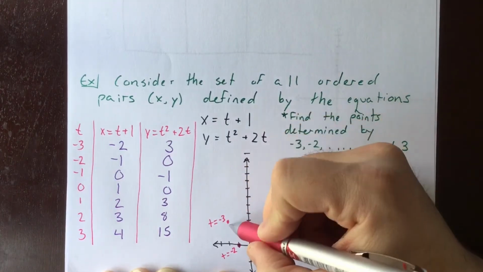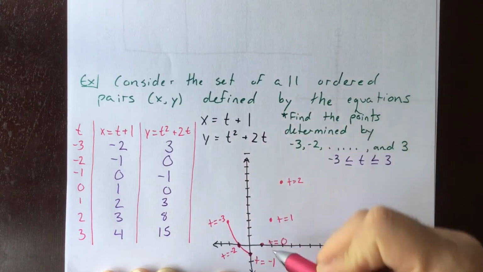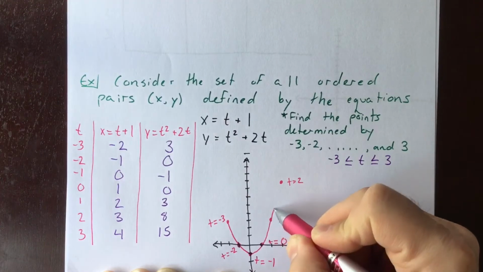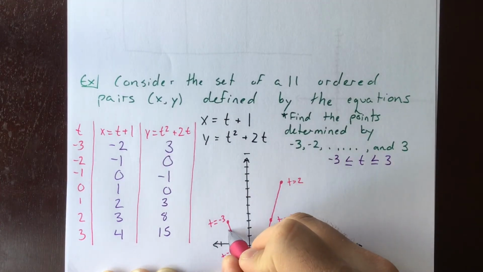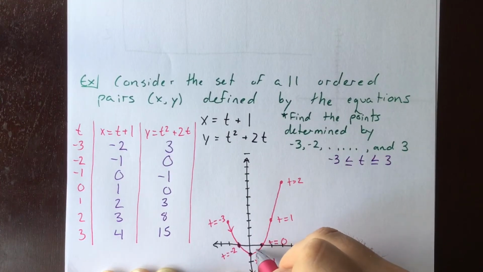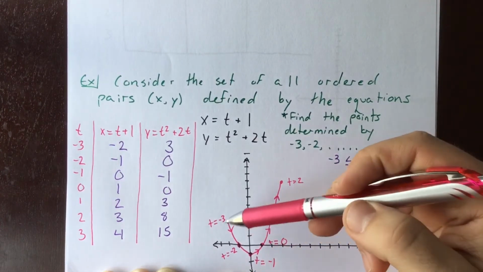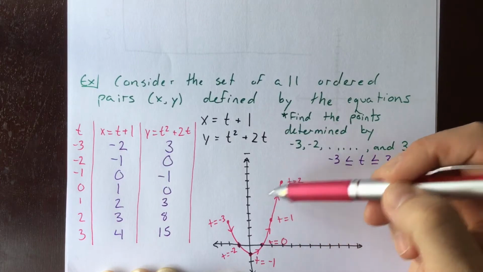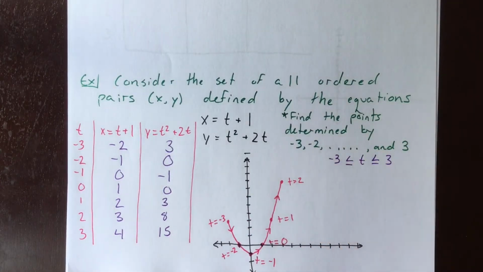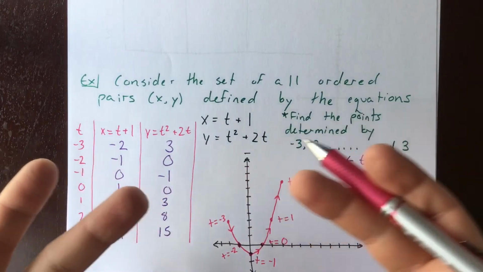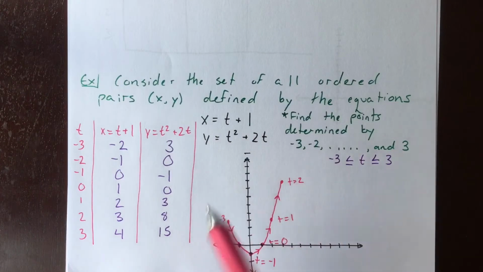When we connect, we are going to add arrows throughout the graph to signify, as our t value passes, what direction our graph is going, because that is sometimes very important when we go to application or when talking more about the parametric equations, as to where the direction is going.